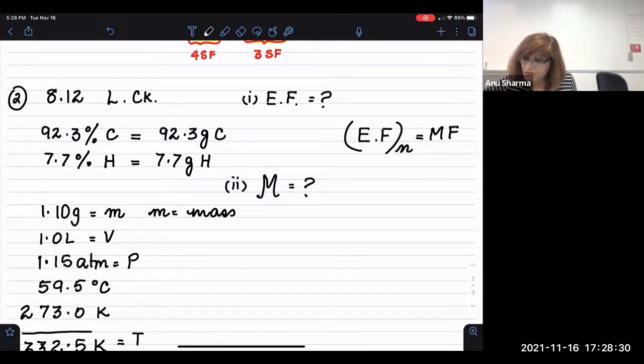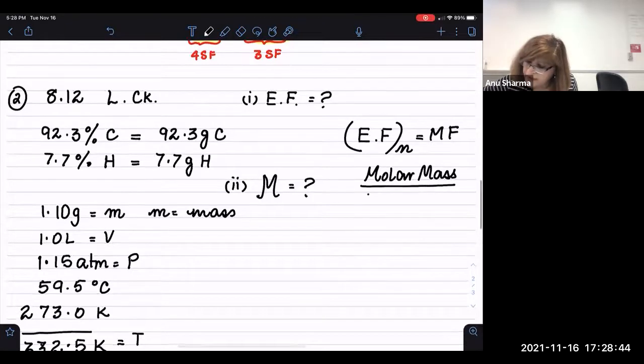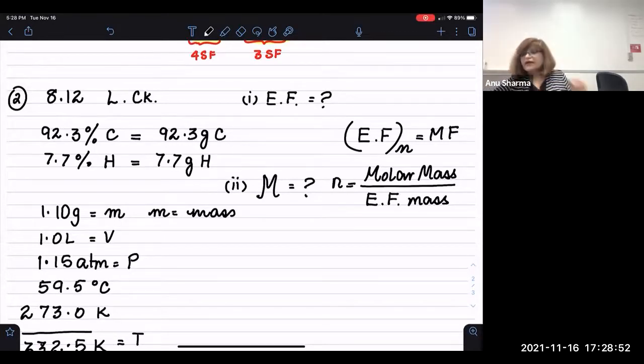You're going to first find the empirical formula, then the molar mass over the empirical formula mass is equal to N. N is just a number, not the number of moles.